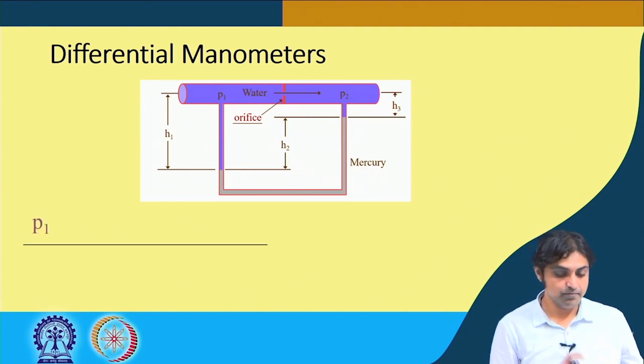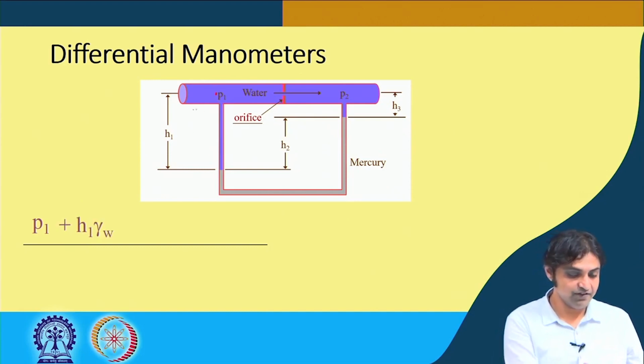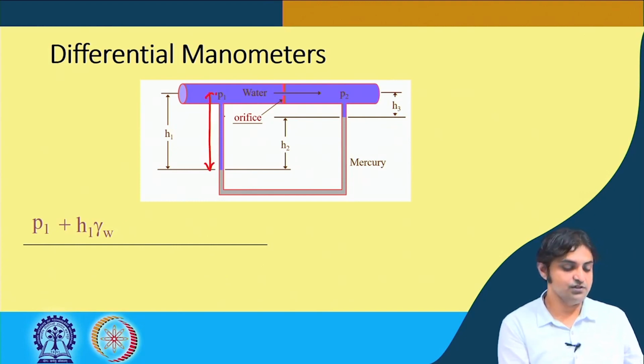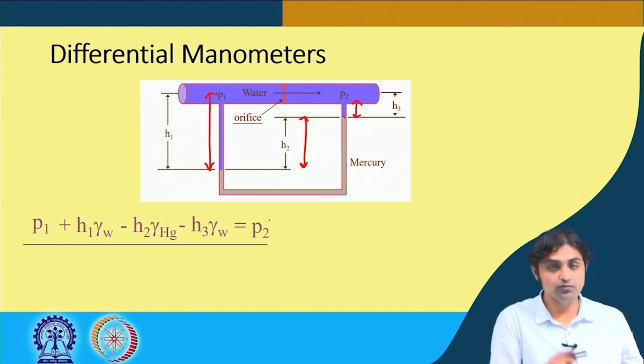So firstly, P1, this is P1 here, plus H1 gamma W, because we are traversing in this direction through water, minus H2 into gamma Hg, as we traverse around and reach this point. Again we are traversing across the water, so minus H3 gamma W should be equal to P2.